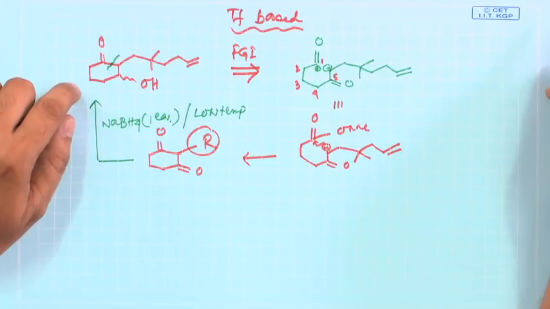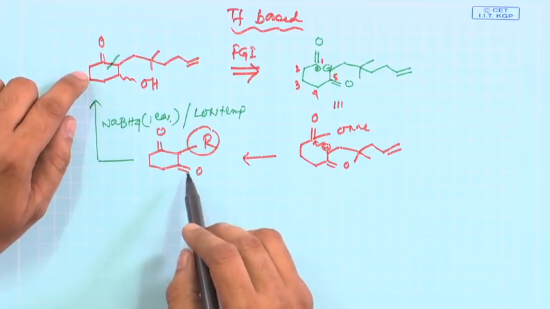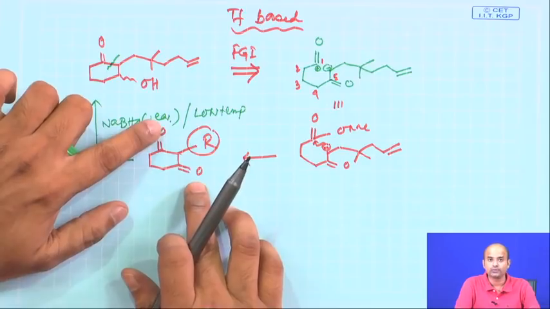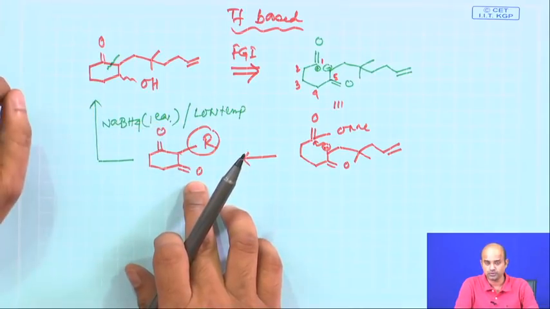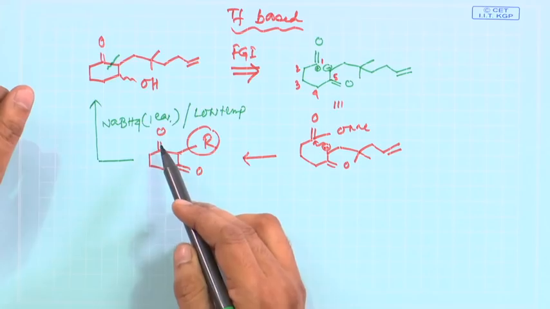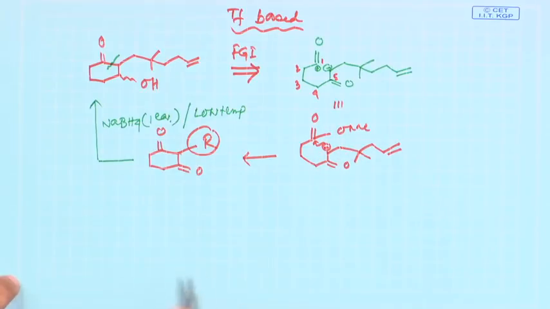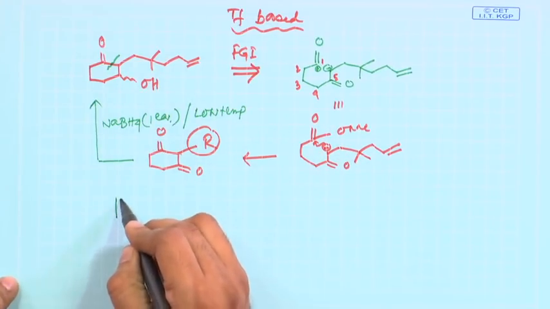It may not be very high yielding because the carbonyl groups are symmetrically substituted and both have similar reactivity. The stoichiometry might play a role, otherwise you can selectively protect one carbonyl group, do the reduction here and remove the protecting group. That is another issue.